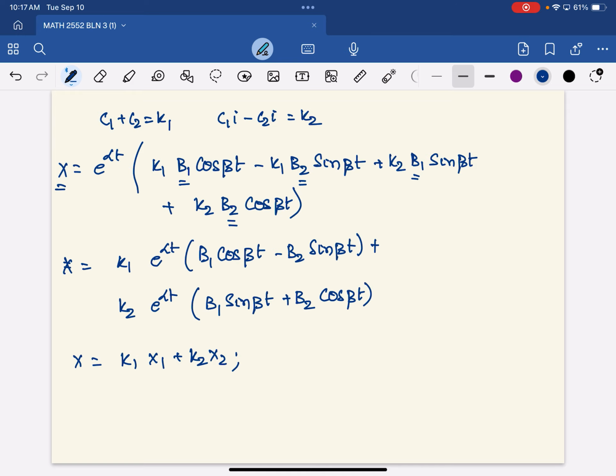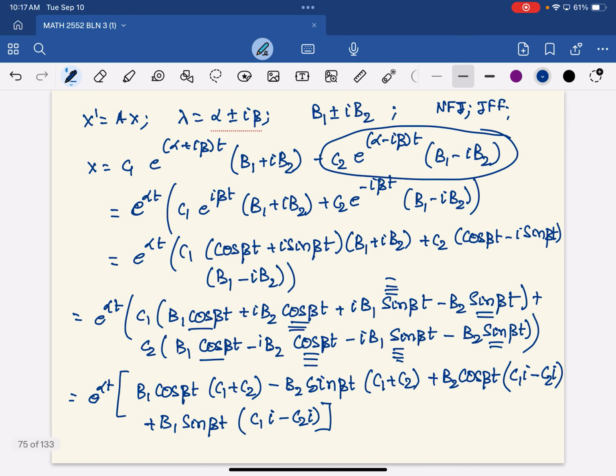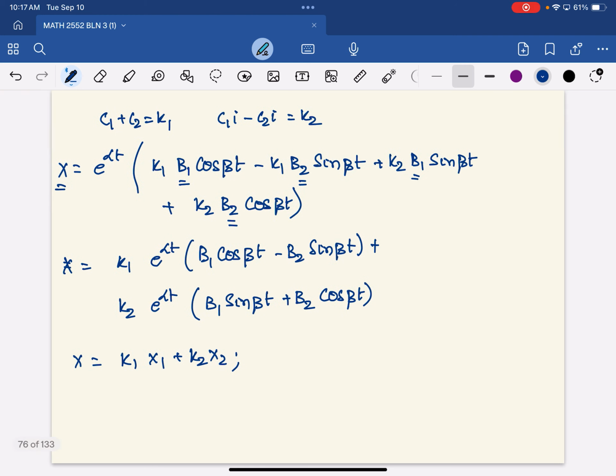The other great thing that happened was, here my eigenvectors were complex, but what I did was I transferred the complexity from the eigenvector onto the arbitrary constant. Now my eigenvectors are real. When I got to x1 and x2, they are real valued functions, but my constants are complex valued constants.